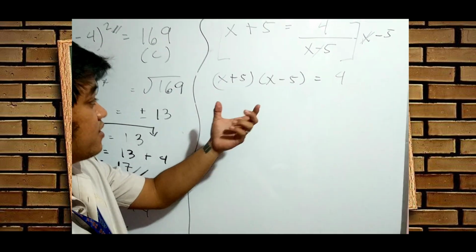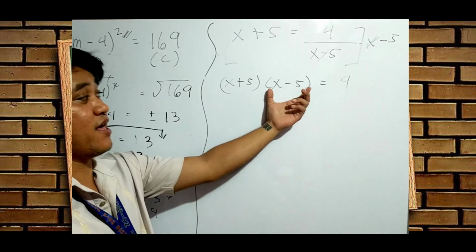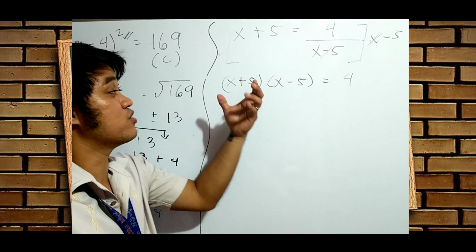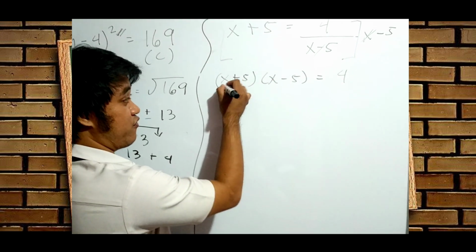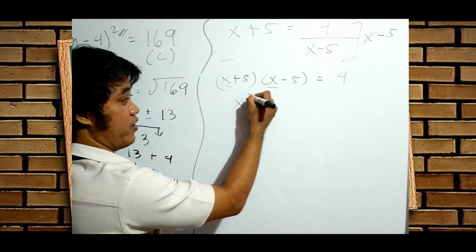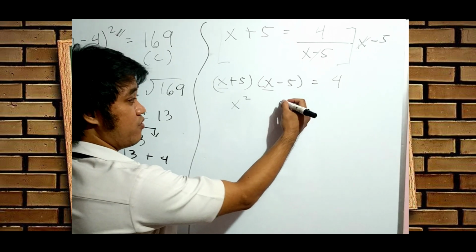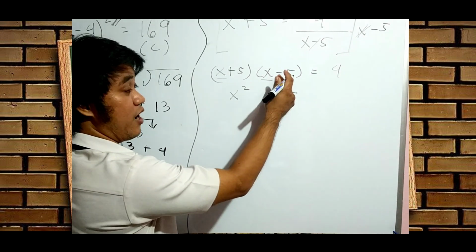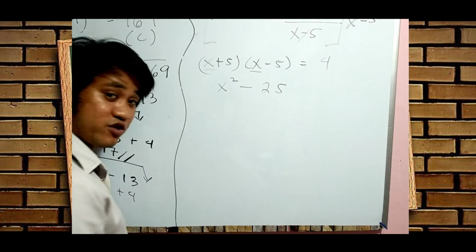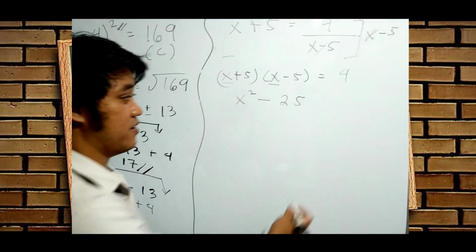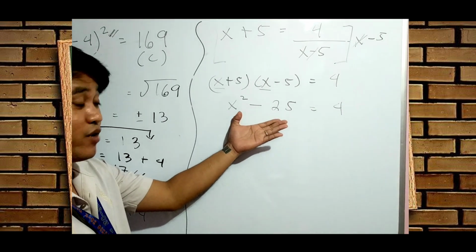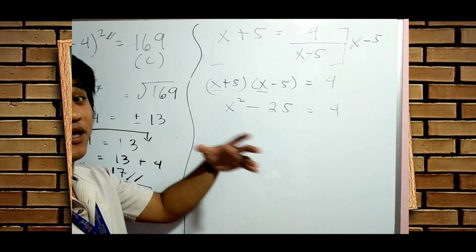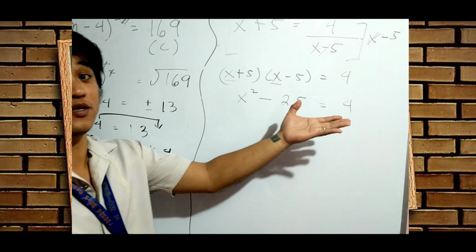As we can see, x + 5 and x - 5 is the sum and difference of two squares. So again, square the first term, so we have now x squared, then square the last term, we have now 25. Then copy the minus sign, or the subtraction sign. It's equal to 4. So now we're going to transform the equation into what? x squared is equal to c.